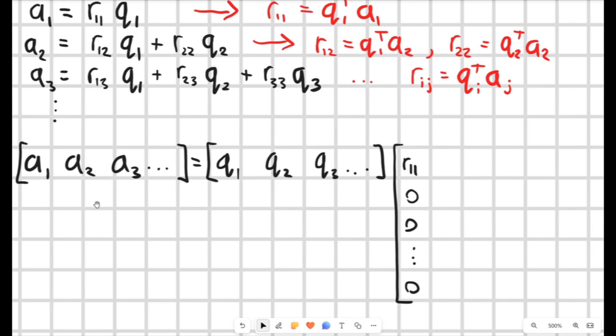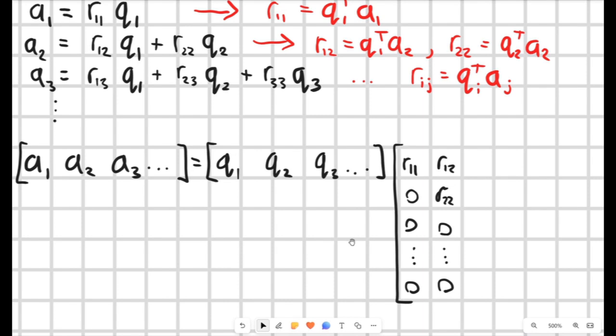The column A2 is going to be equal to a Q1 times R12 plus a Q2 times R22. But there's no other component projected onto the other Qs. And so again, the rest of this column can be equal to 0.